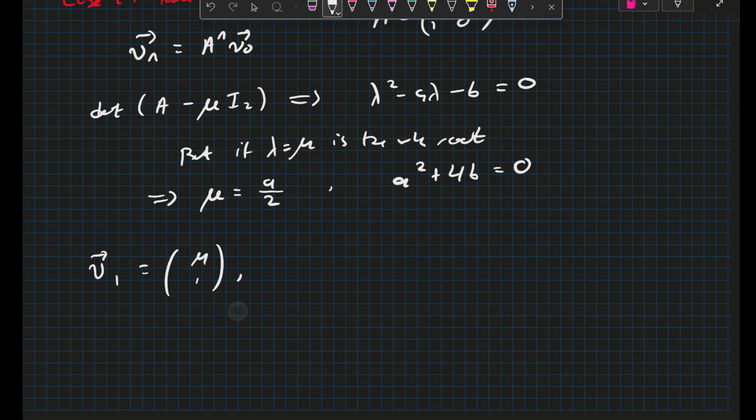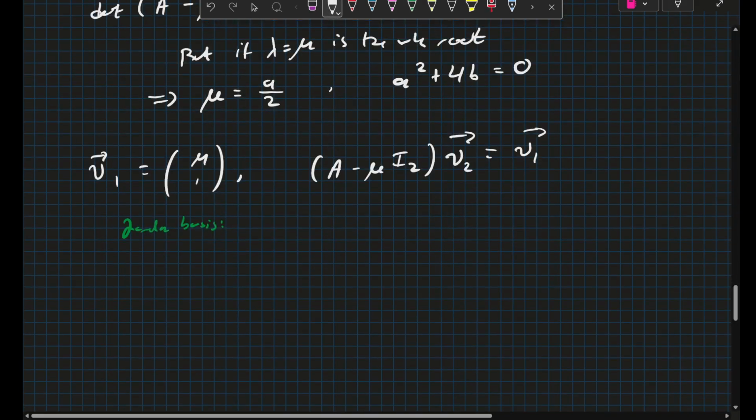I'm getting things confused. v1 is that, but that also means that A take away mu lots of I2 times some second vector v2 will give us back v1. And the following steps, because of a consequence of this, form what's known as a Jordan basis.